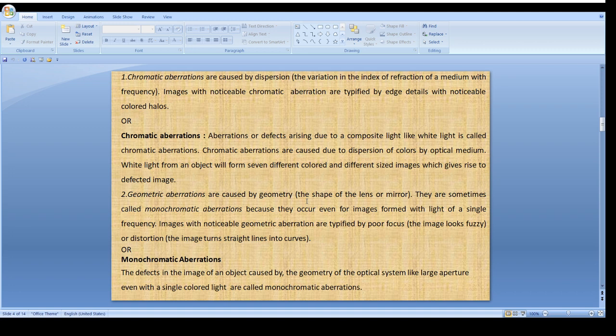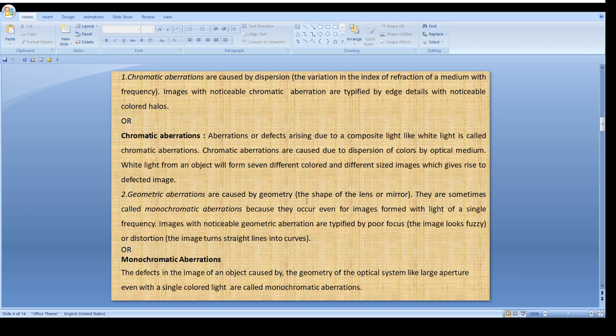These are sometimes called monochromatic aberrations because they occur even for images formed with light of a single frequency. Images with noticeable geometric aberration are typified by poor focus. The image looks fuzzy or distorted.